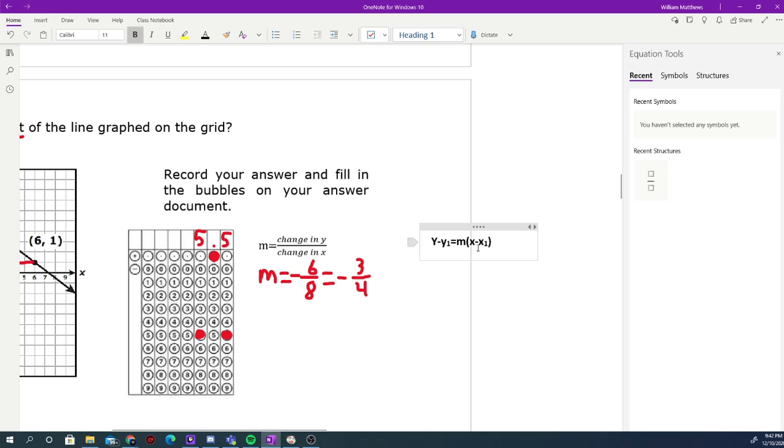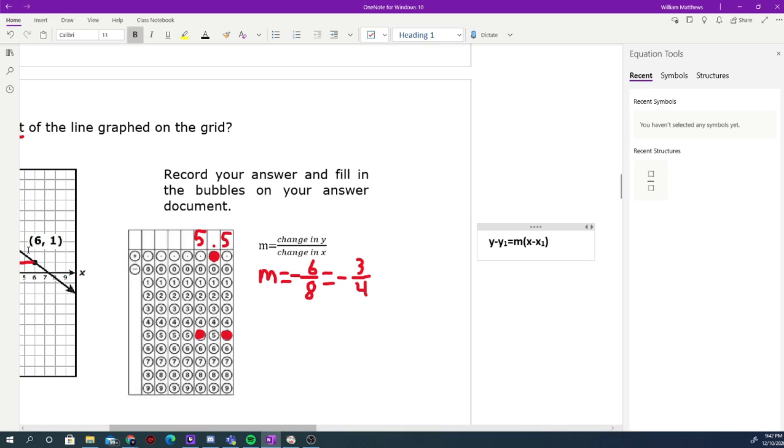Now to recap what this means, our y1 and our x1 is referring to our first point. It's referring to an actual value where our regular x, y are the values of the number line, depending on where I'm at.